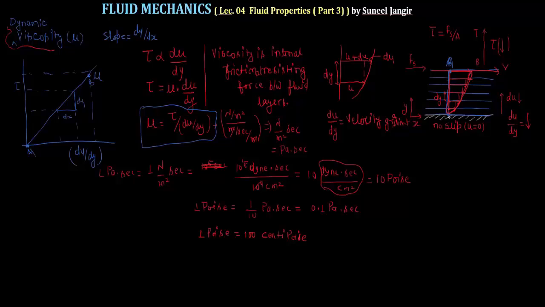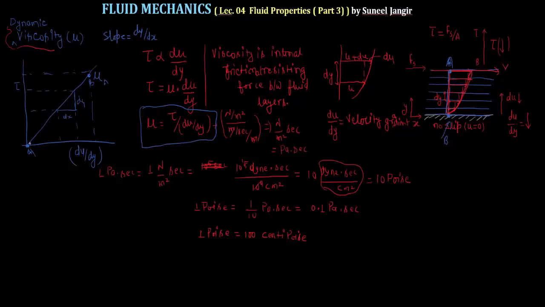So when we are moving from A to B point, the slope remains constant. Slope means viscosity. Viscosity remains constant when we are moving from point A to B. Alright, now let's say this is a particular slope and I am representing it by mu A.